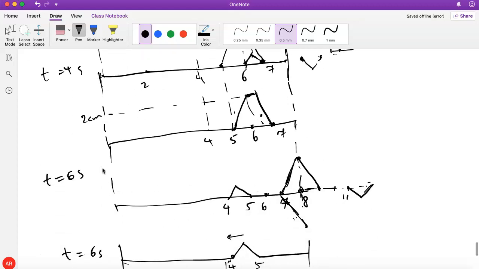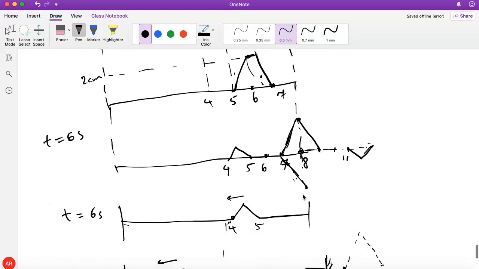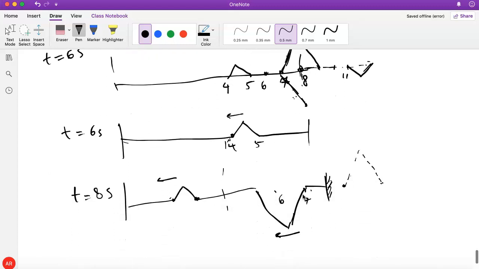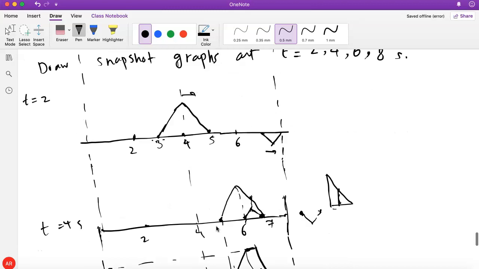At t equals 6 seconds, this is fully reflected, so it's moving away, and it no longer interferes with this one. Part of it, the bigger triangle, gets reflected and actually completely cancels out the incident part. And then a little bit later, also the incident part gets reflected, so you have the incident one, just the whole thing inverted and reflected coming back.